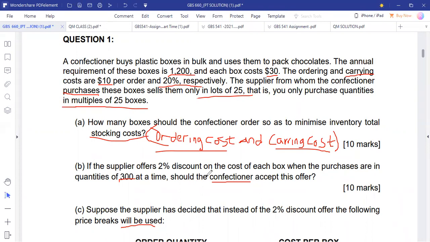So what goes on here is that, instead of buying each box at $30, they have given us a discount of 2% because we are buying more. We are buying in quantities of 300 at a time.